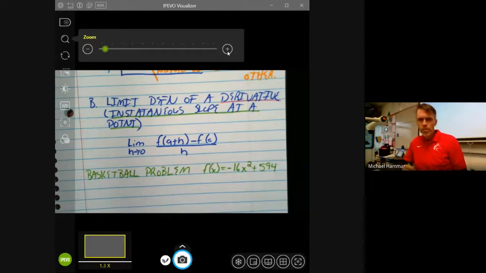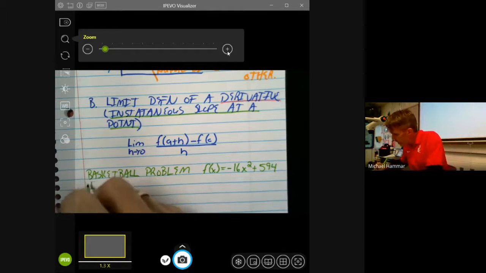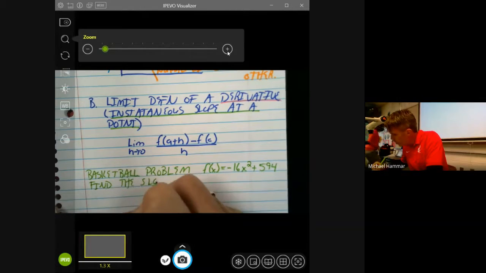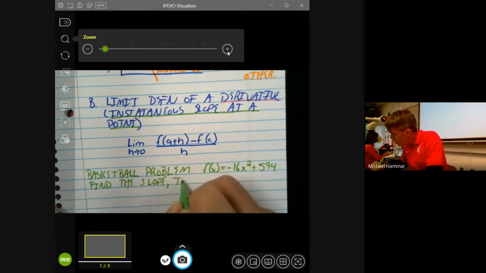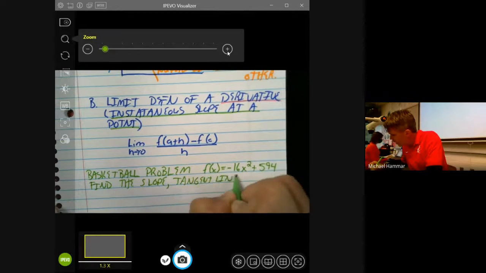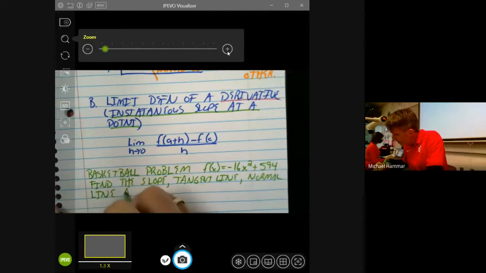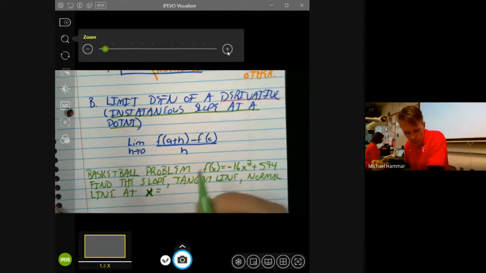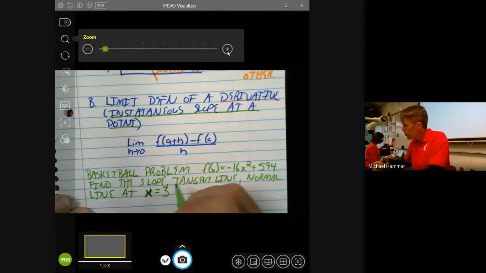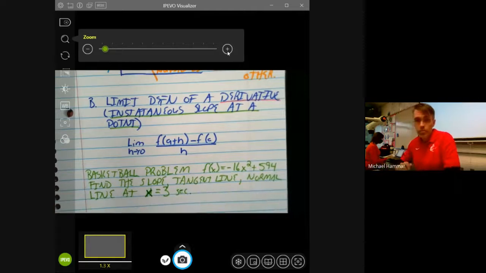So what it wants us to do is we want to find the slope, the tangent line, and the normal line at x equals 3. Okay? Now remember, x equals 3 means at 3 seconds.